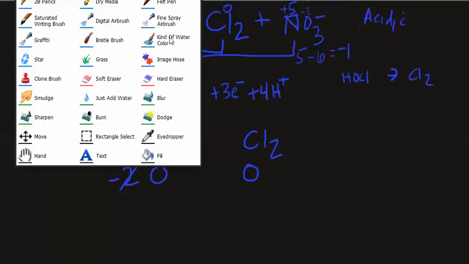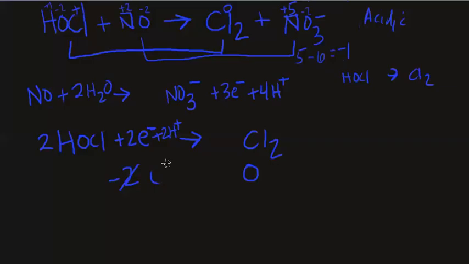And let me erase those charges. This can take a lot of paper, and you just need to make sure that you're not making it so messy that you make a mistake because you can't read your own writing. So the next thing we need to do is balance the hydrogens. So we have 2 hydrogens here from our 2 hydrogen ions, but you also have to be careful.